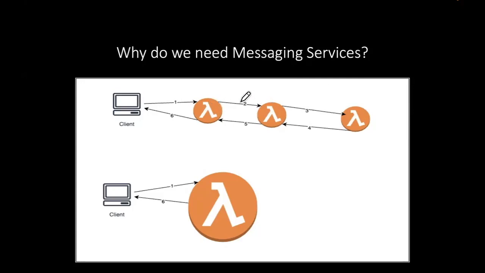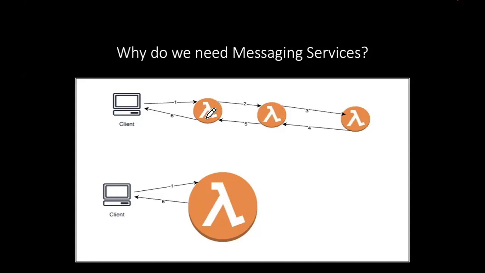So we're on number 2. As part of the processing done by this Lambda, it communicates with this one, number 3. Now, meanwhile, this Lambda here is waiting for a reply back from this Lambda here. It's a synchronous communication link.